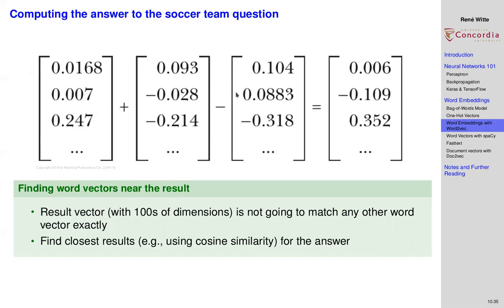We are adding the vector, subtracting one, and then get a result vector. Obviously, in the vector space we are not going to find a vector that has exactly these values, but we can look, again using cosine similarity, at what the closest ones are, and then pick the closest one or the closest 1 or 2 as the answer for the question.